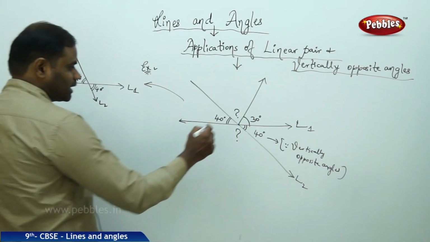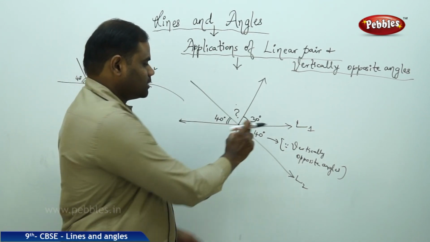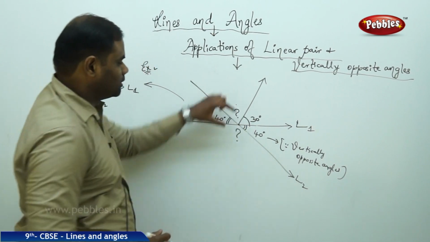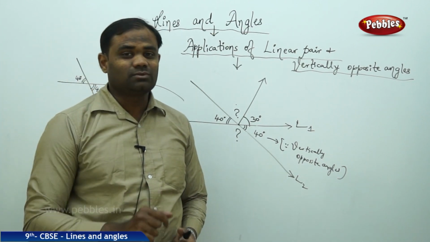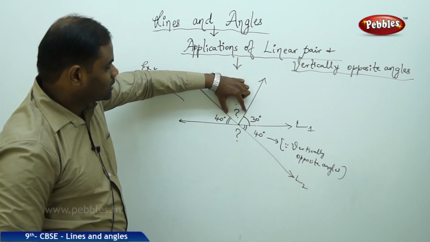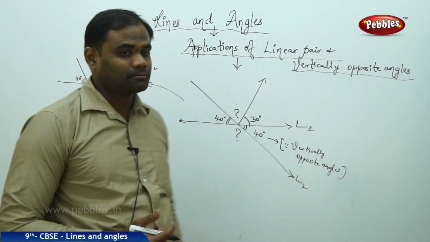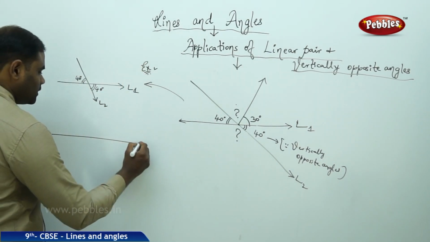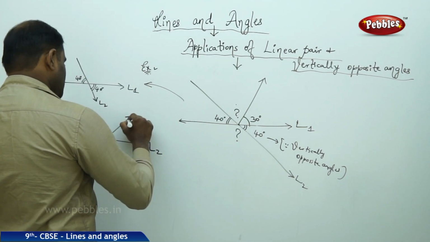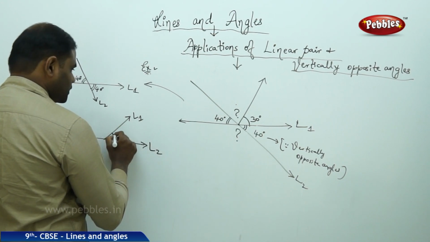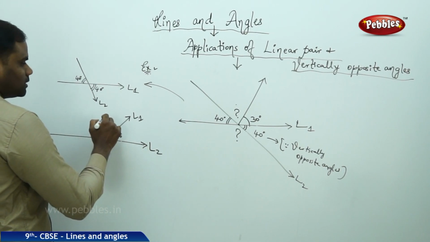Now let's come to this angle. We know that L2 is a straight line, and therefore in a straight line, this angle plus this angle plus this angle, the sum of the angles, must be equal to 180. If I take the line L2, which is a straight line, this is the angle made by L1, which is 40 degrees, and this is the angle made by the ray, which is 30.